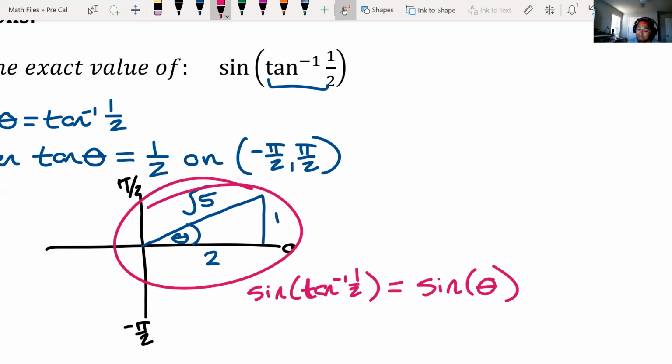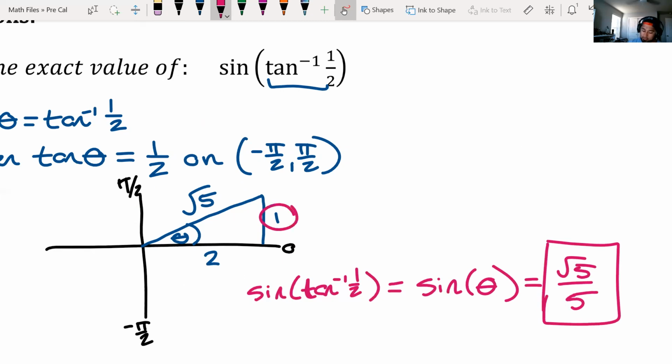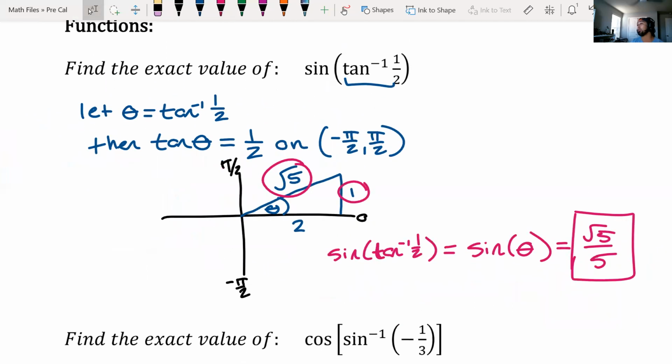So what is the sine at that value of theta? Well, square root of 5 over 5, because sine puts opposite over hypotenuse, and 1 over the square root of 5 has to be rationalized. So that's how we handle these trig expressions. Any questions on that?